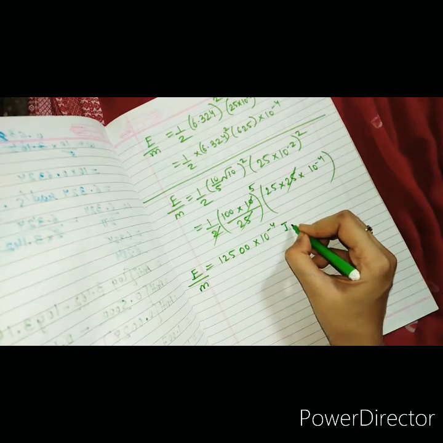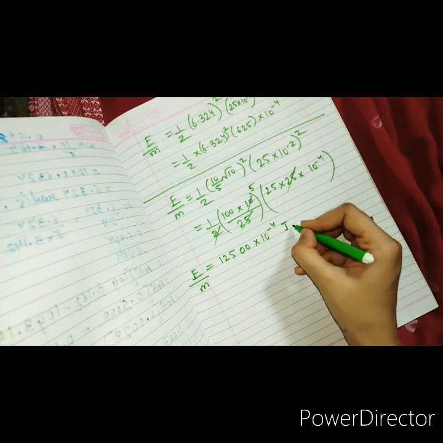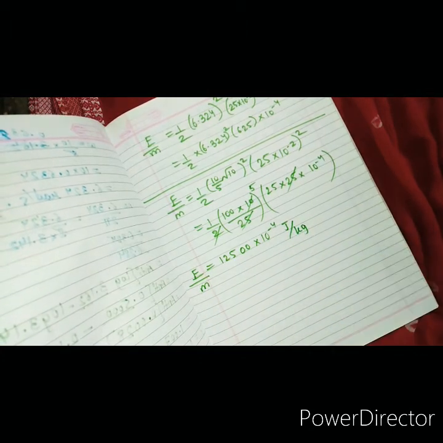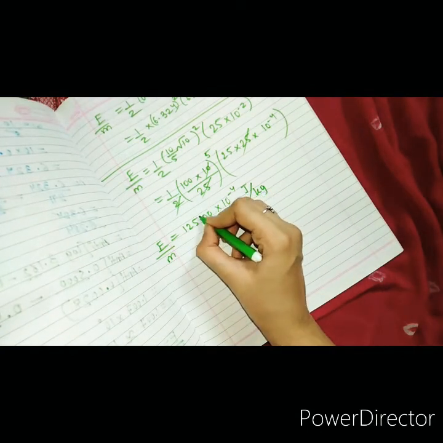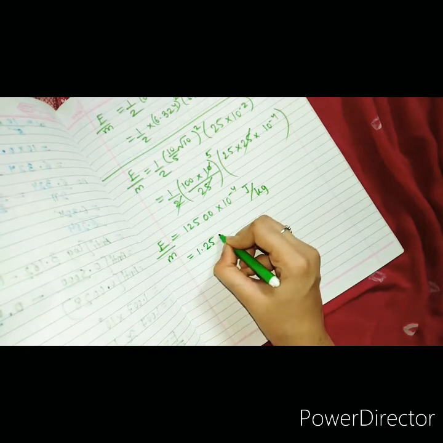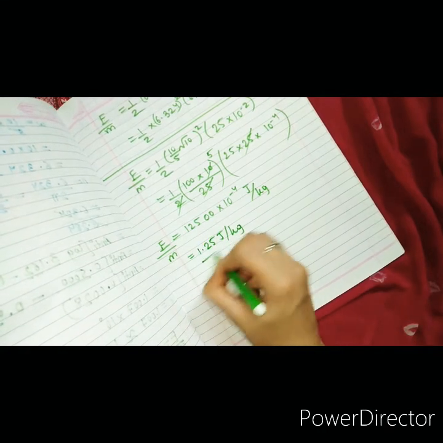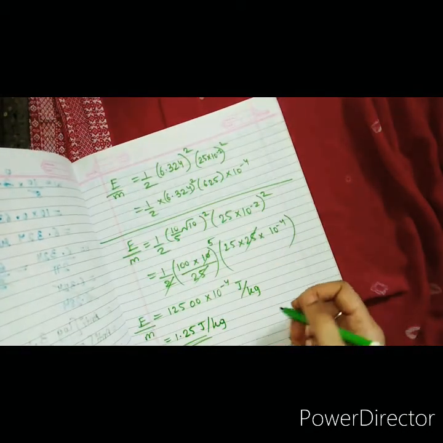Energy is obtained in joule, and since I have mass, it is joule per kilogram. So 10 raised to minus 4, suppose the point is over here, 1 2 3 4, it will be 1.25 joule per kilogram. Now see, this is easy as compared to this.